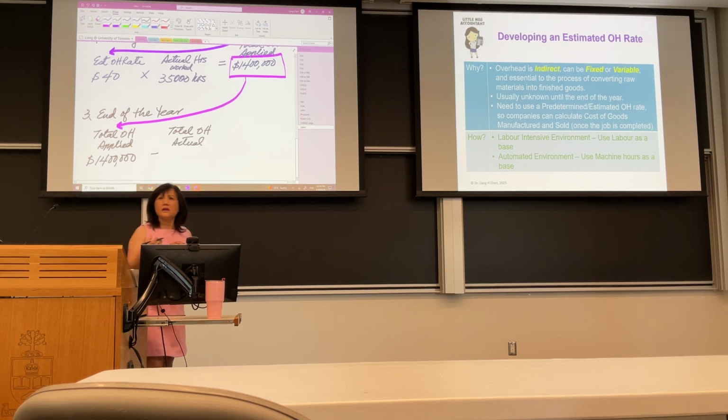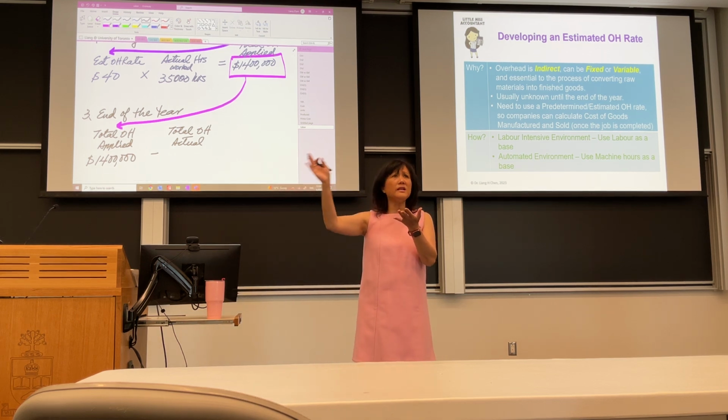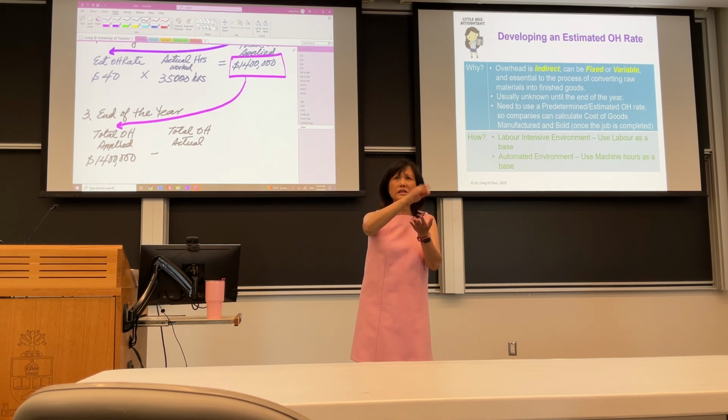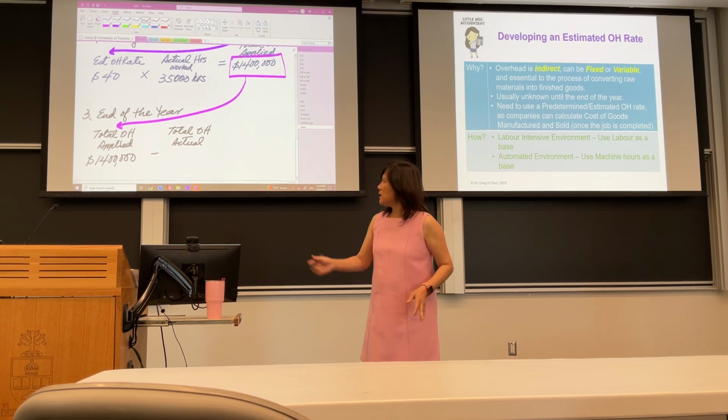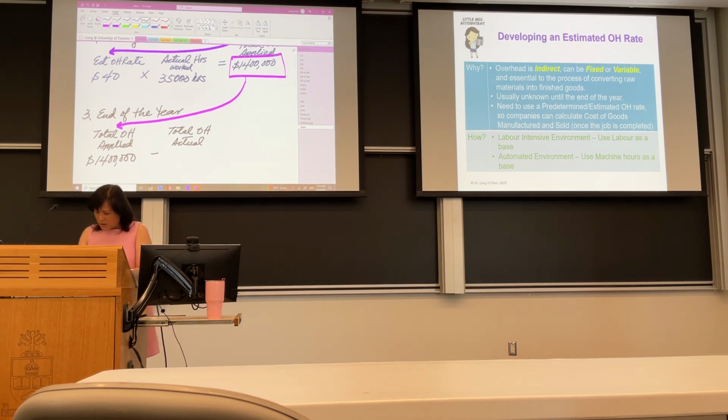Because at the end of the year, you know exactly how much money you spend on the maintenance, on the utilities, insurance, all the rent, everything. You know how much you pay for it. You add them all together, you compare. Suppose at the end of the year, you go to the accounting record and say, oh, I spent $1.33 million. We charge 1.4 to do all these services, but we only spend actual dollar amount, 1.33 million.